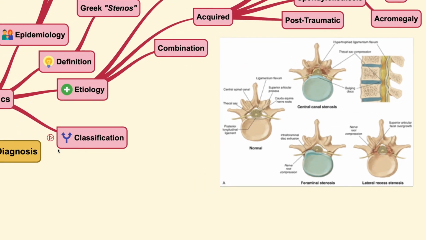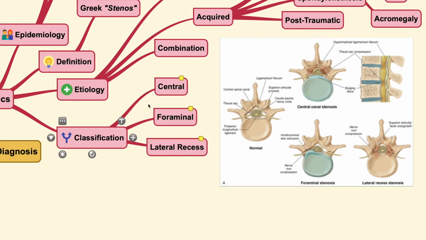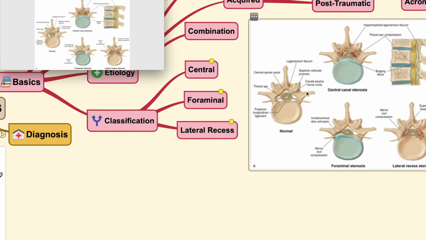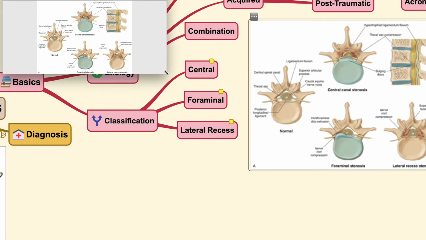Now, for the classification scheme itself, you could usually classify it based on the location of the stenosis. It can be a central stenosis, foraminal stenosis, or lateral recess stenosis. Here is a picture depicting these 3 types of stenosis.